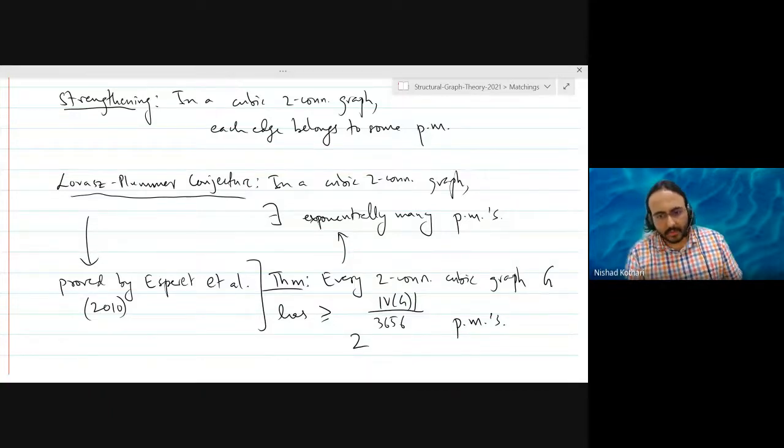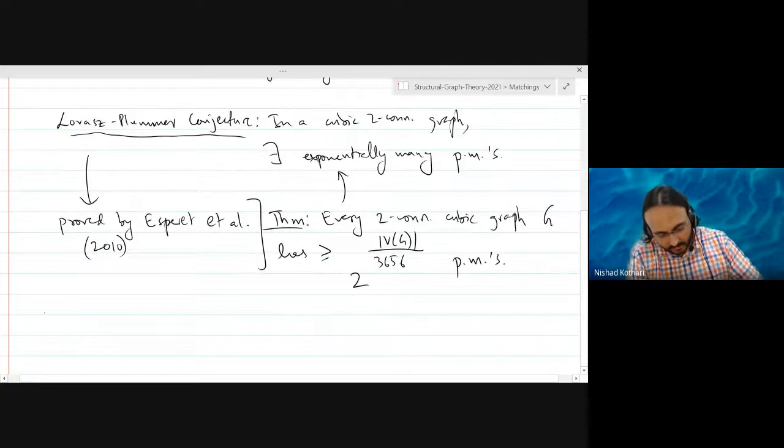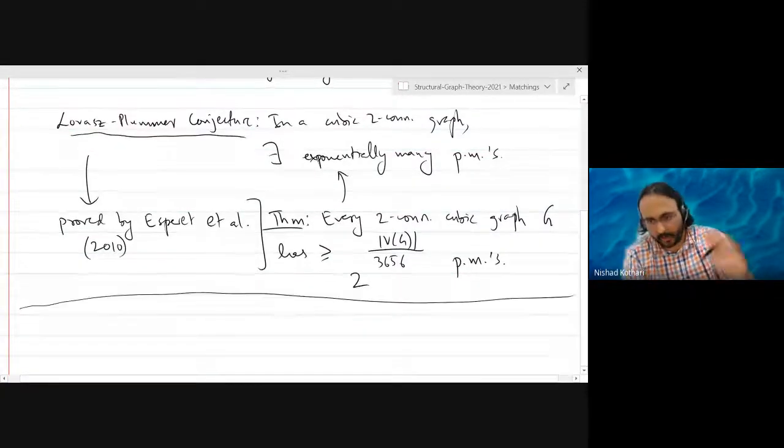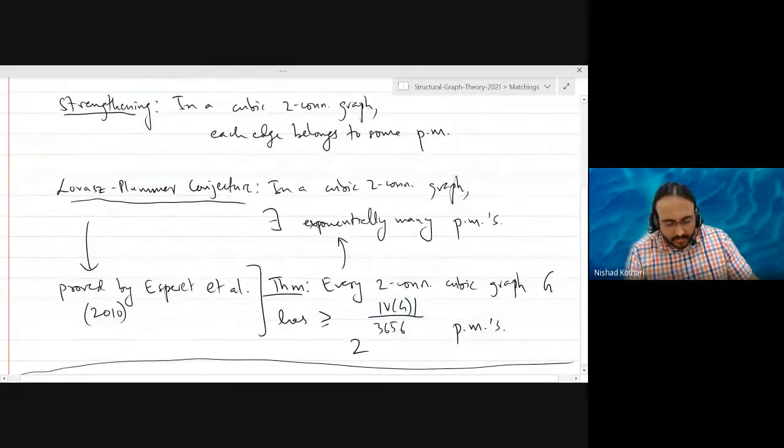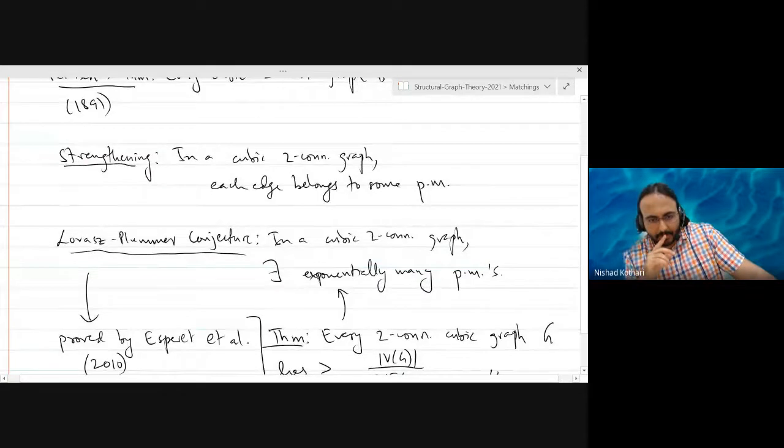So that was proved in 2010. We are not going to be discussing this much more. I can share the article with you if you're interested in it. But I want to tell you a slightly different type of conjecture now.